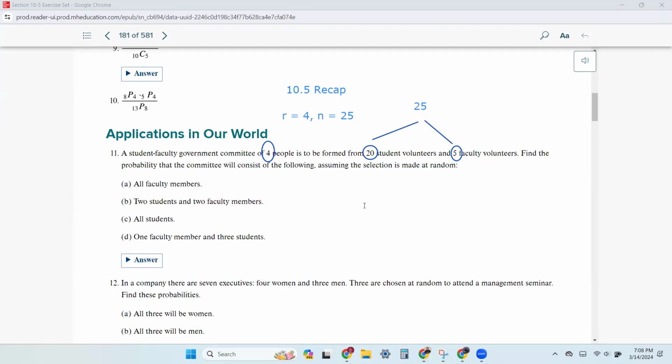Those values are going to make up the denominator for all of these.